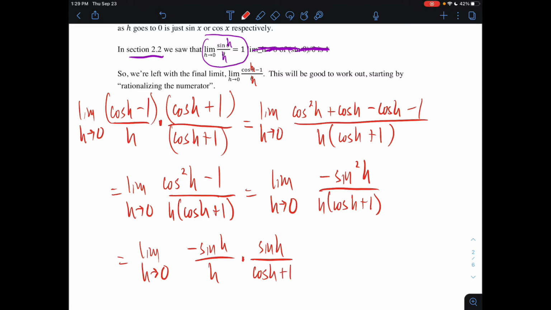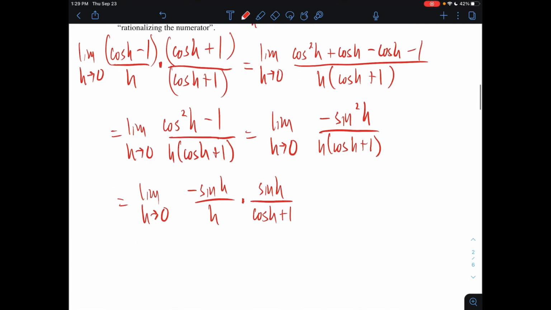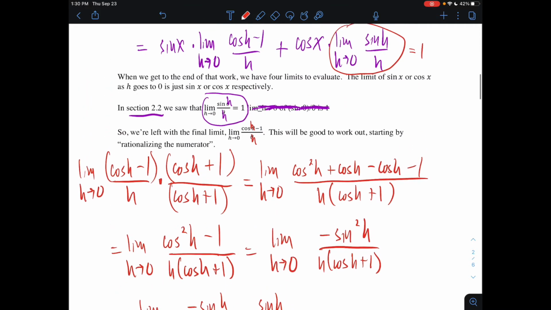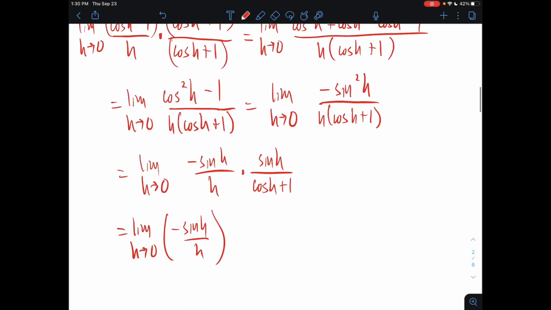And again, we're allowed to do that by limit laws if essentially when I take the limit of both pieces of this product, the limits exist. So in fact, the limit as h approaches 0 of the first factor of that product, negative sine h over h, does exist because we just talked about it up there. And the other limit also will exist because we can use continuity to essentially plug in 0 for h.